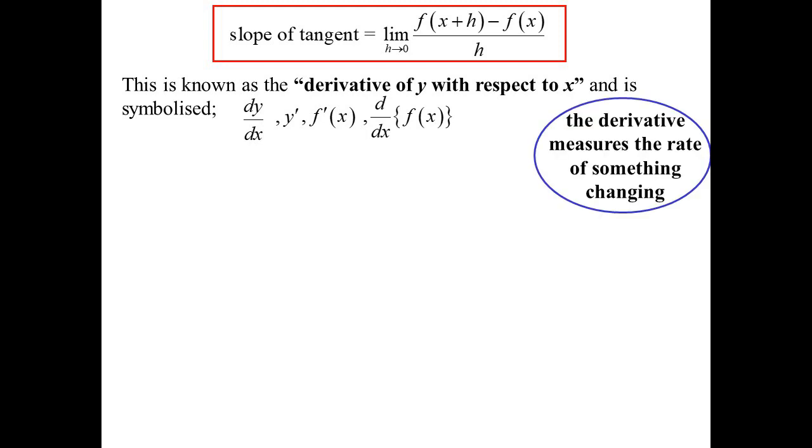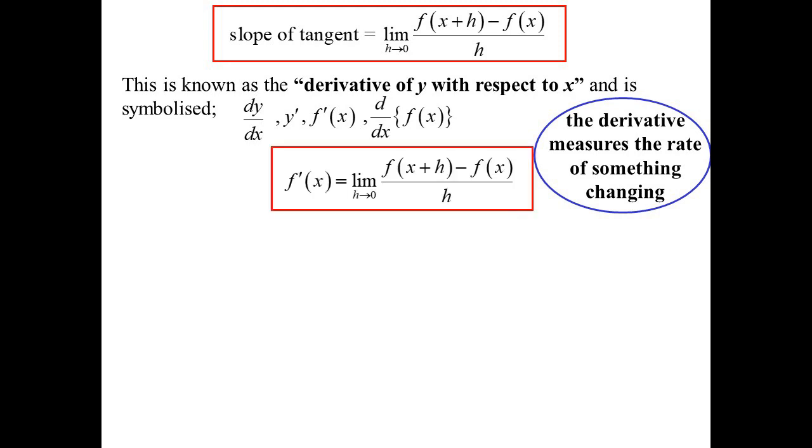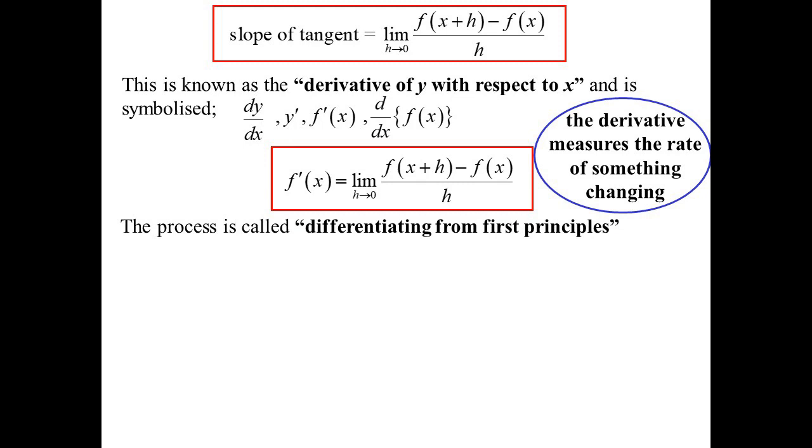So our derivative is a measure of the rate of change. So how is something changing? Instead of saying the slope of the tangent, I'll just put the notation for the derivative there, and I've used the f dash x notation, mainly so it matches up with the right hand side where I've also used function notation. Now when we use this formula, it's called differentiating from first principles, the first idea that we looked at.